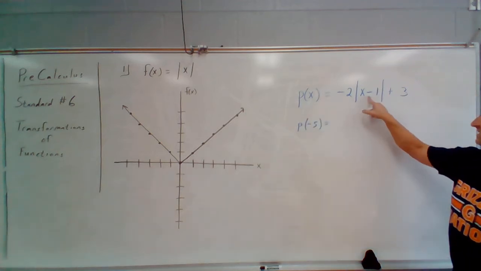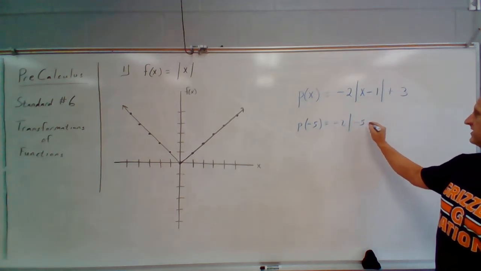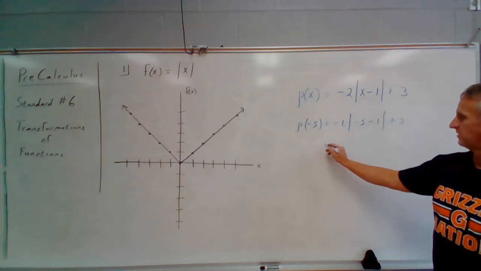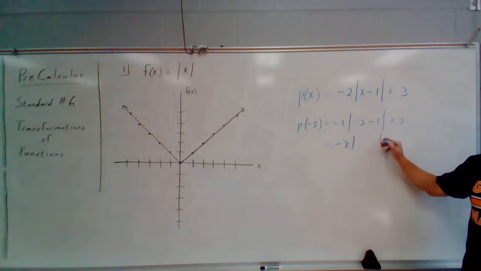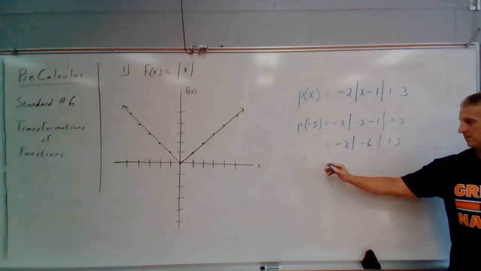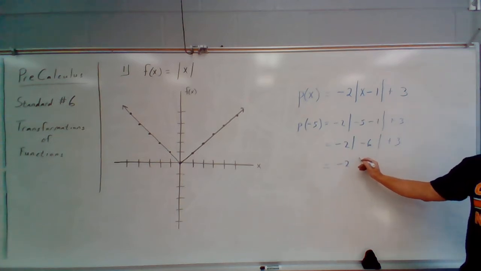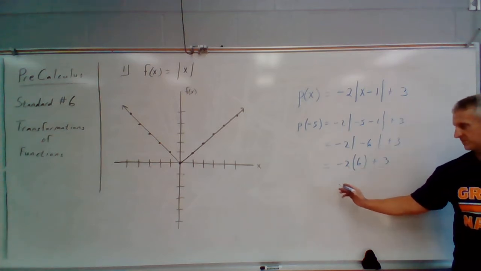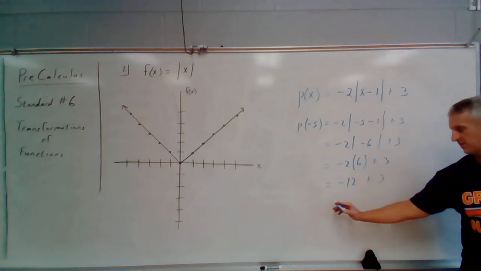Okay, so if I put -5 in here, I'll have -2 times the absolute value of -5 minus 1, plus 3. Work that out. I have -2 times the absolute value of -6, plus 3. I'll have -2, absolute value of -6 is 6, plus 3. -2 times 6 is -12, plus 3.